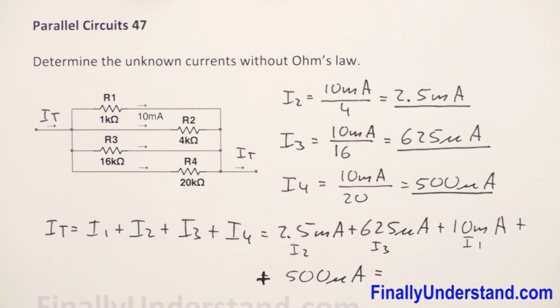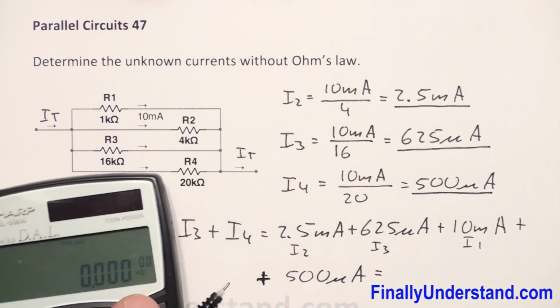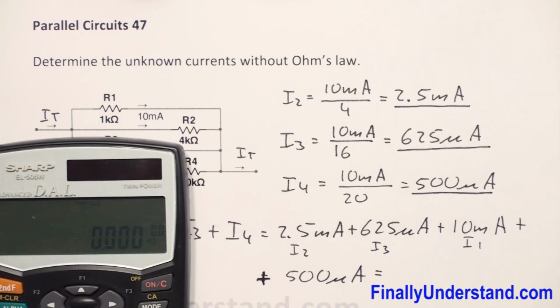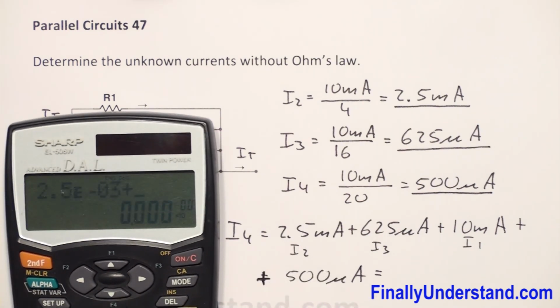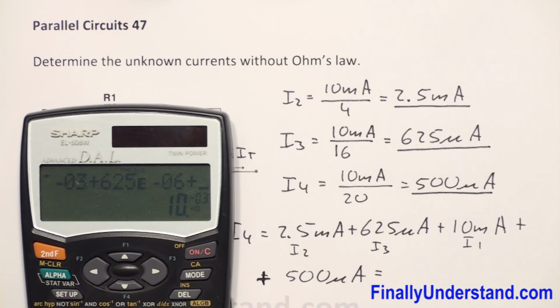Let's check how much this is going to be equal to. Okay, so we have 2.5 exponent negative 3, this is my 2.5 milliamps, plus 625 exponent negative 6, this is my 625 micro, plus 10 milli, plus 500 exponent negative 6.